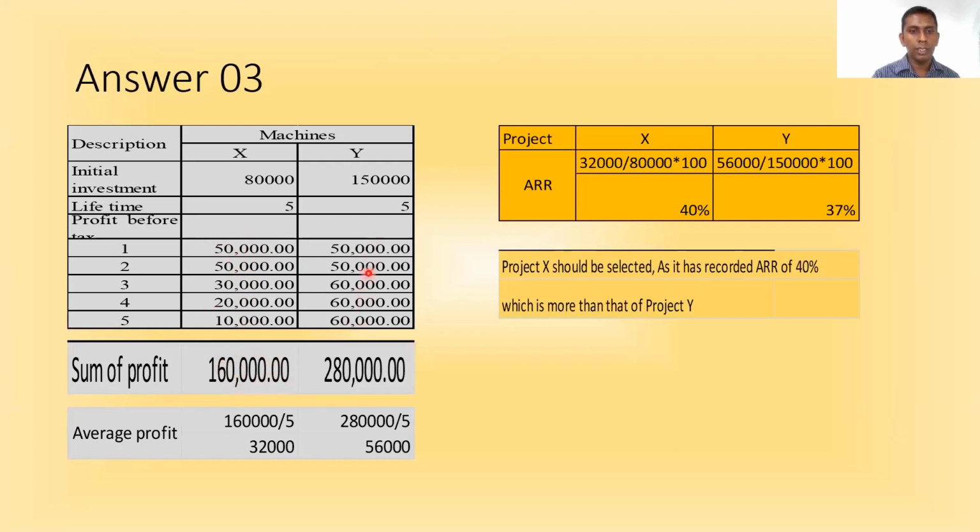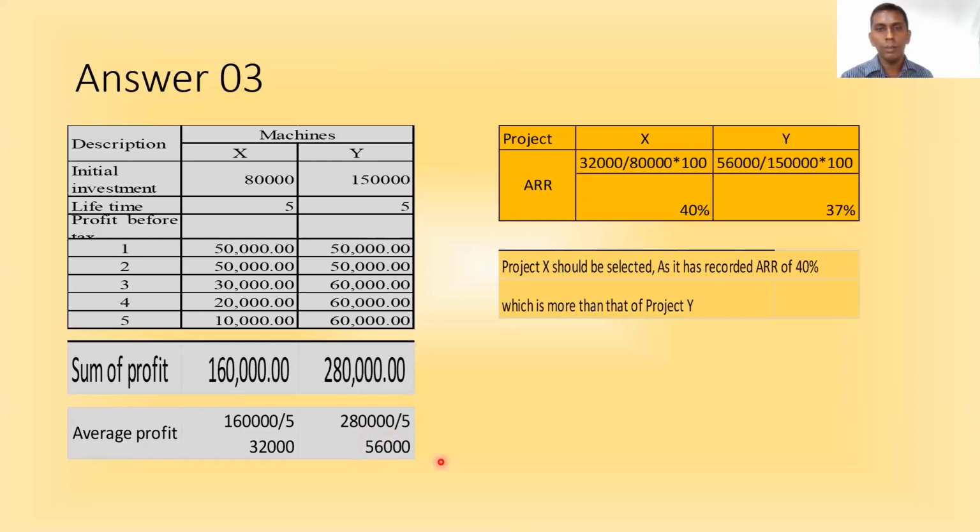Then this should be divided by 5, which means the useful life. Then we have an average profit of 32,000. Project X generates an average profit of 32,000, and project Y generates an average profit of 56,000.